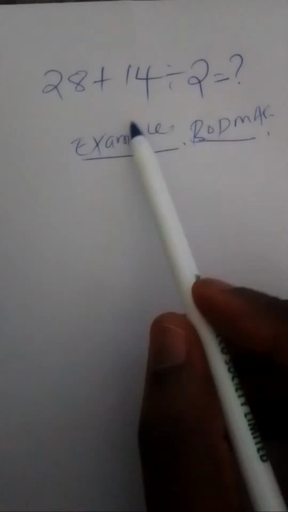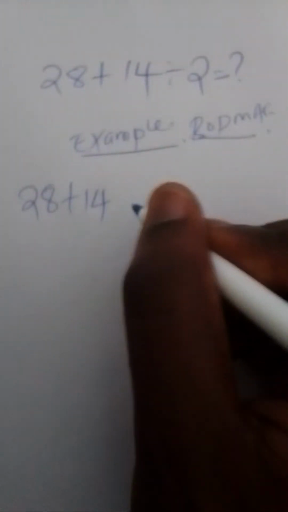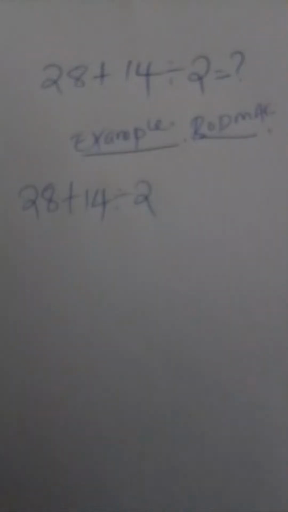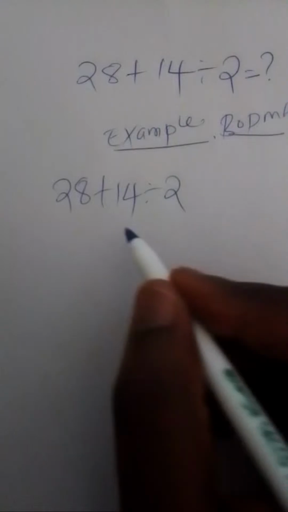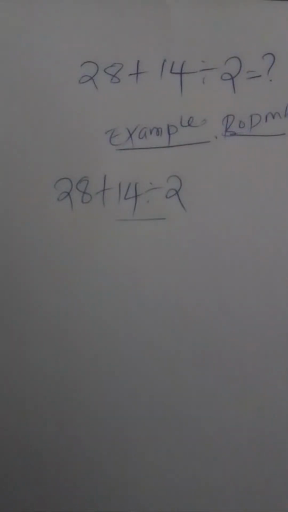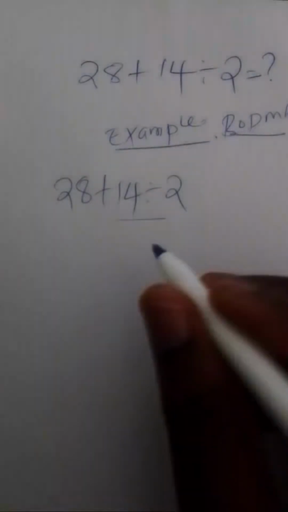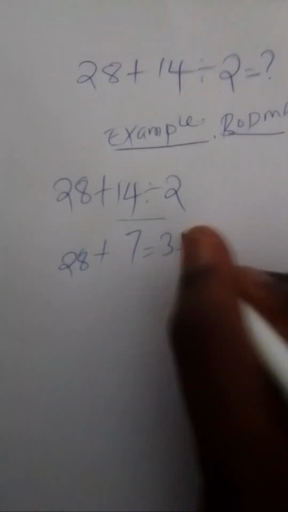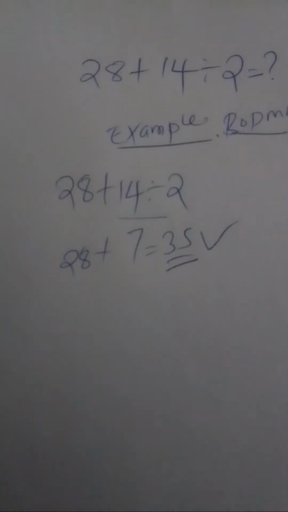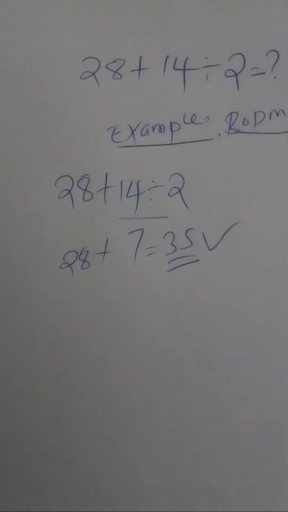In this case, we begin with 14 divided by 2, which is 7. So allow me to write it out: 28 plus 14 divided by 2. We work out the division first, so 14 divided by 2 is 7. Then from there we add 28, and that gives us 35.